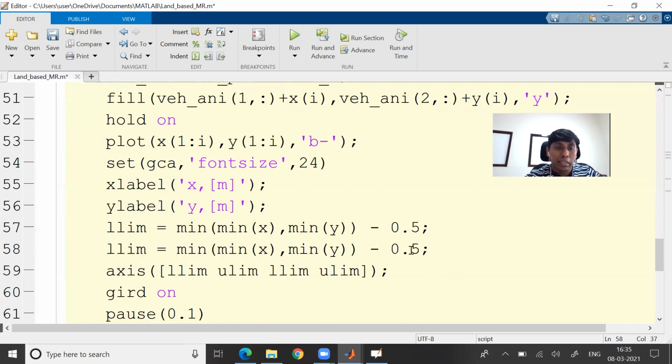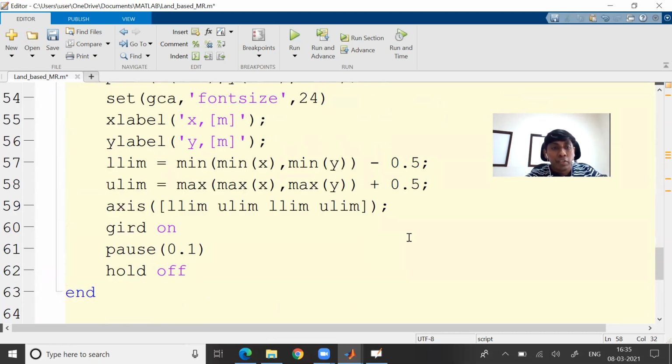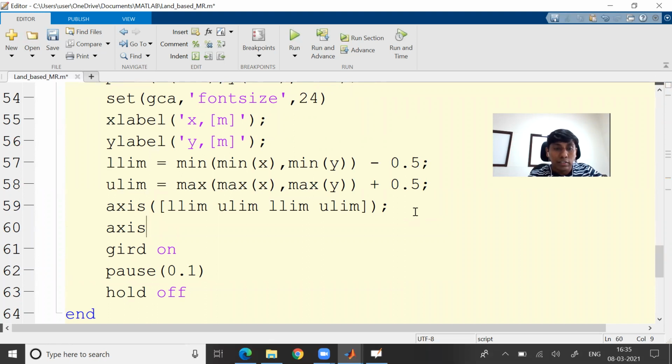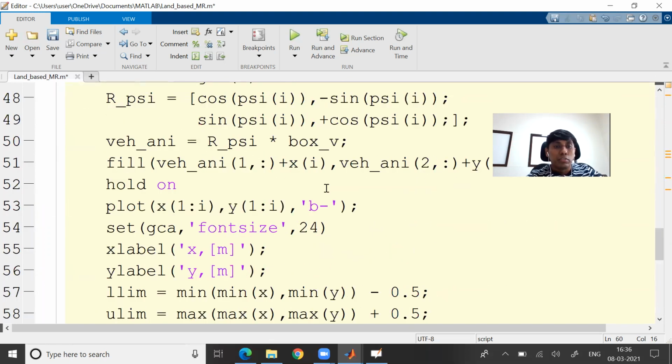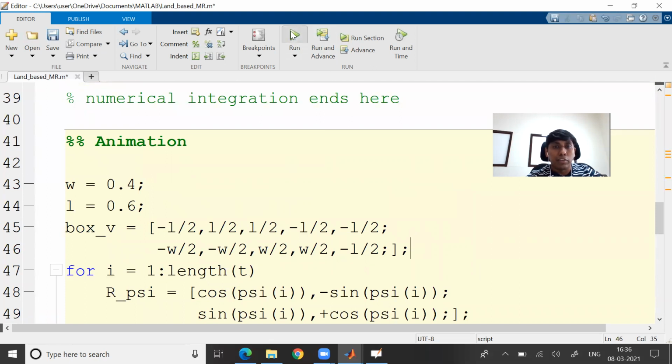Then you can make the upper limit, instead of minimum, maximum. Because the vehicle size also needs to be known, I'm putting 0.5 because the vehicle width is 0.2 from the axis. So total width is 0.4 and total length is 0.6. All of this needs to be visible to us. Then I'm putting axis square so that it will plot that way. We'll see whether it is happening that way or not.